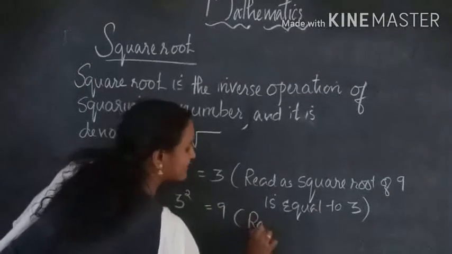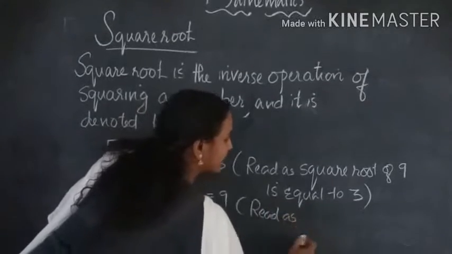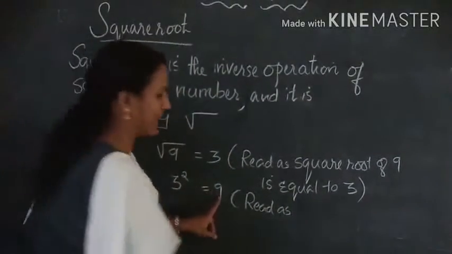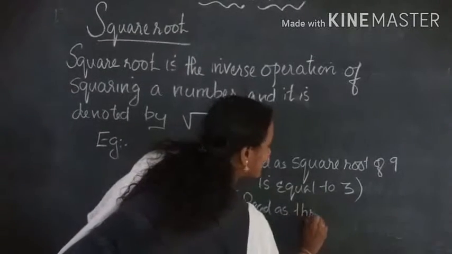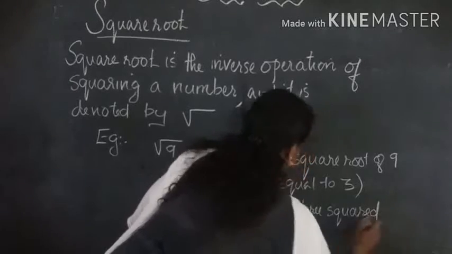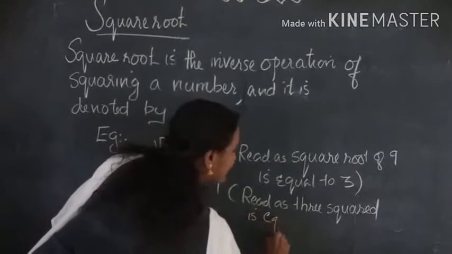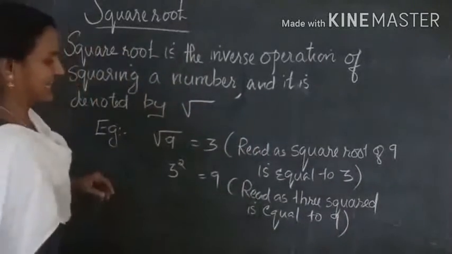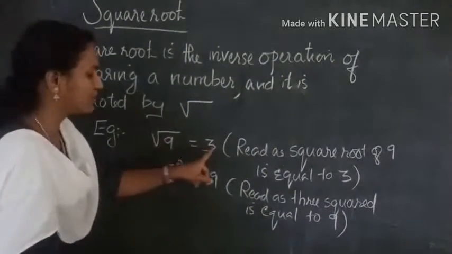It's read as 3 square is equal to 9. So root 9 is equal to 3.